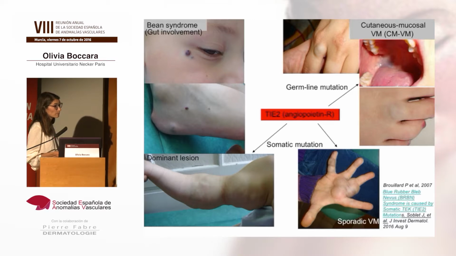there was actually mosaicism. And more recently, the Bean syndrome, which is characterized by those multifocal venous malformations on the skin, the presence sometimes of a dominant lesion, and the gut involvement, has also been found to be related to the same gene, the TIE2 gene.